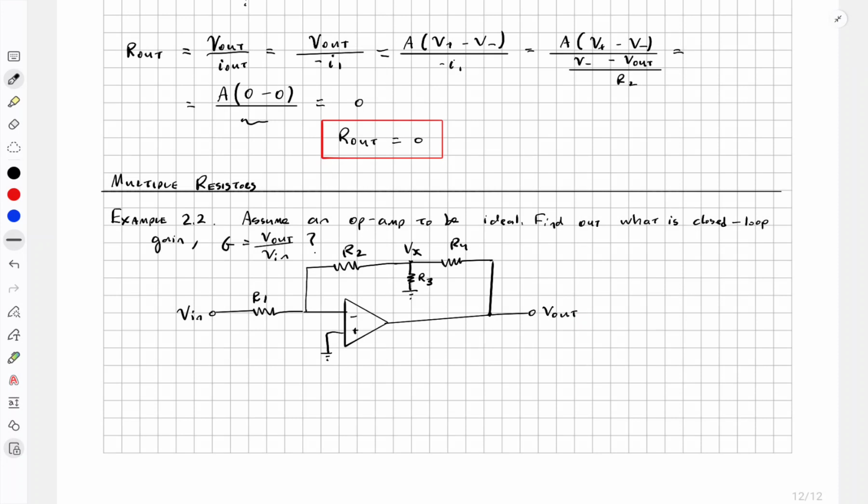Okay. So we're going to treat this op-amp as if it was an ideal op-amp. So in the ideal op-amp, the current going into the op-amp is 0 amps.